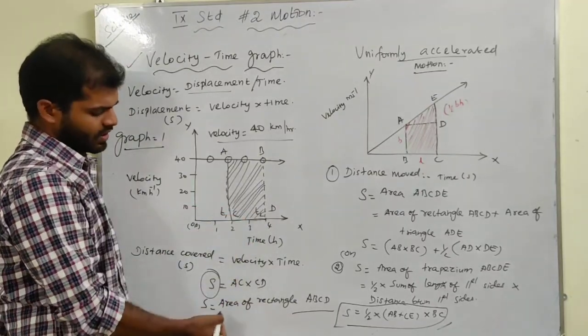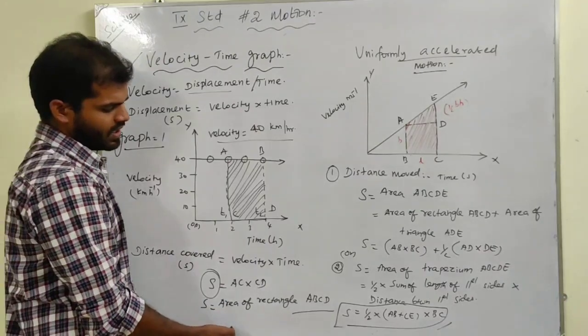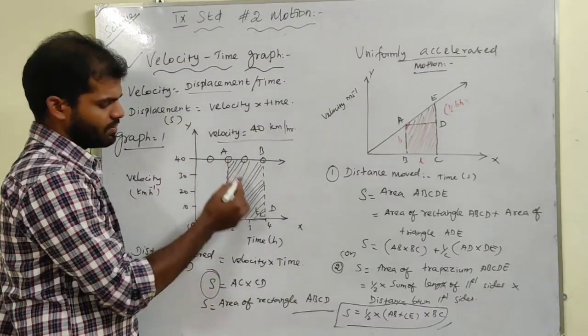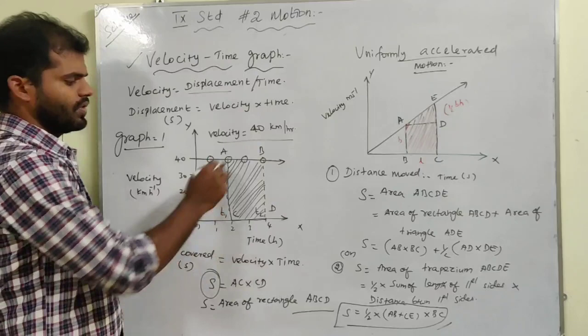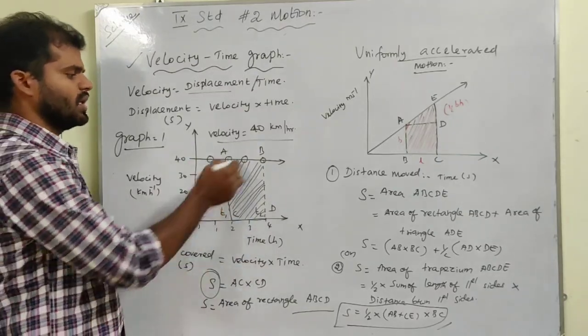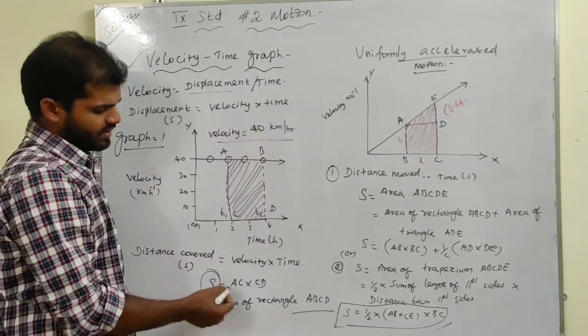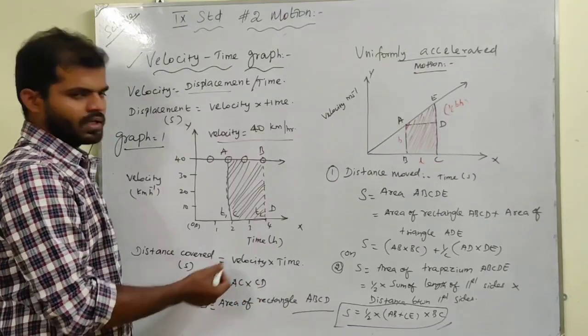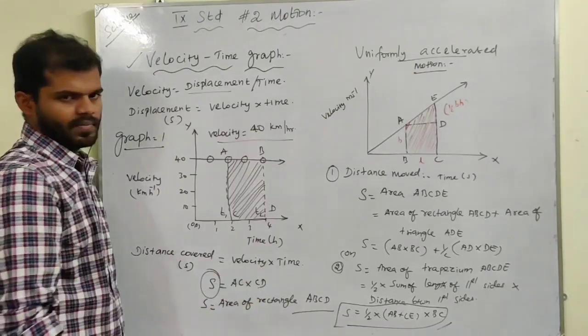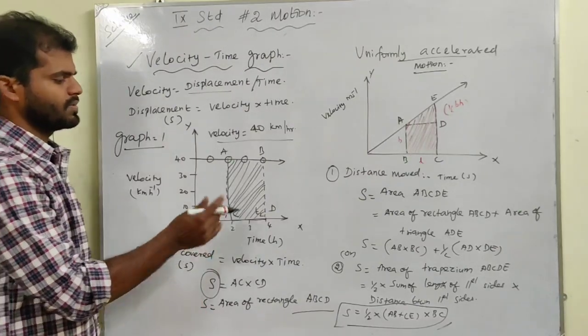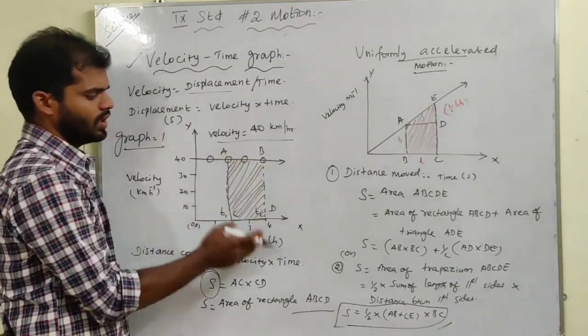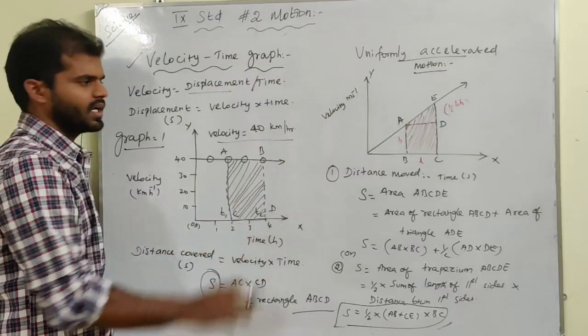That area we can calculate: S is equal to the area of rectangle ABCD, that is S is equal to AC into CD, which is nothing but the product of velocity and time, right? That's called displacement. The total displacement of the car we can calculate at any point.